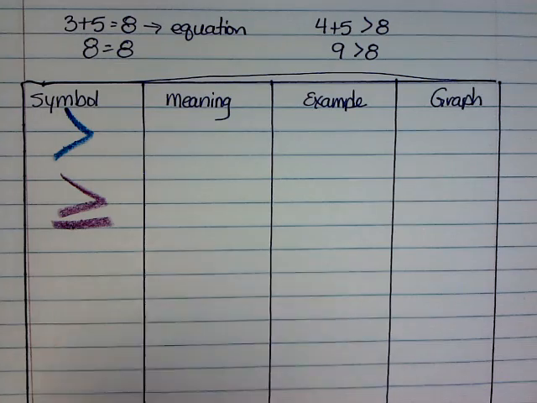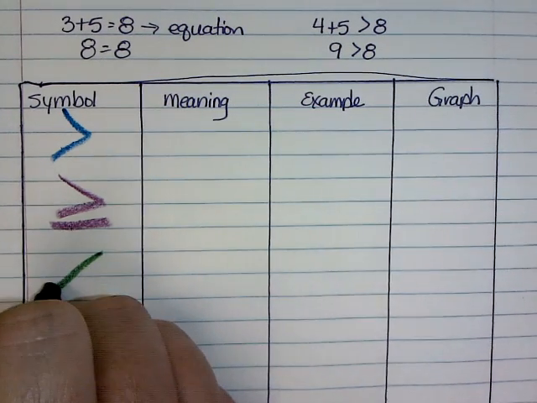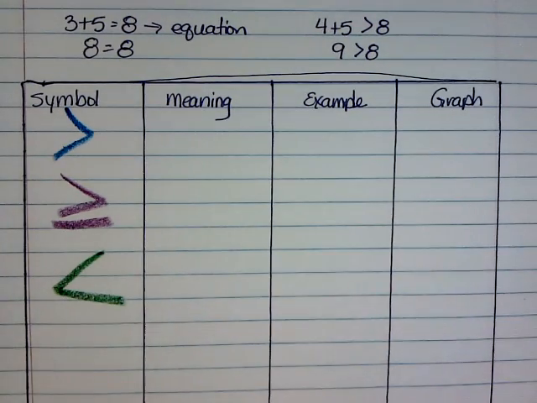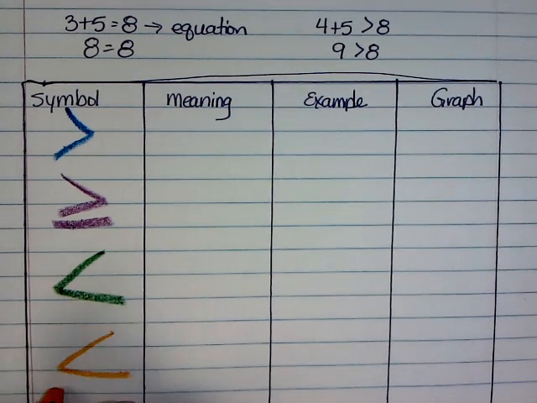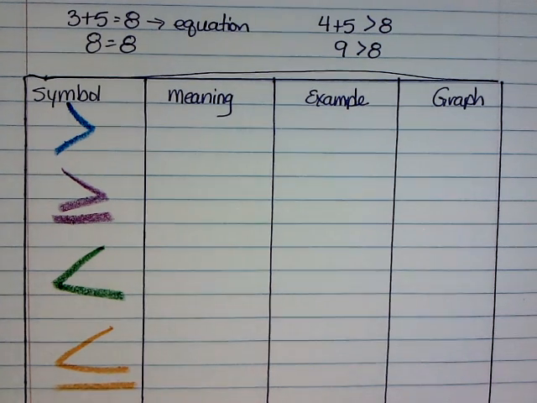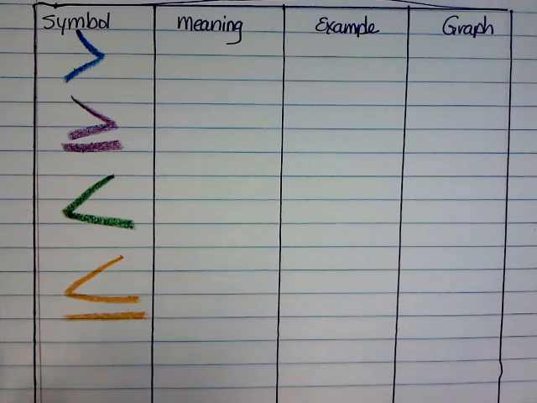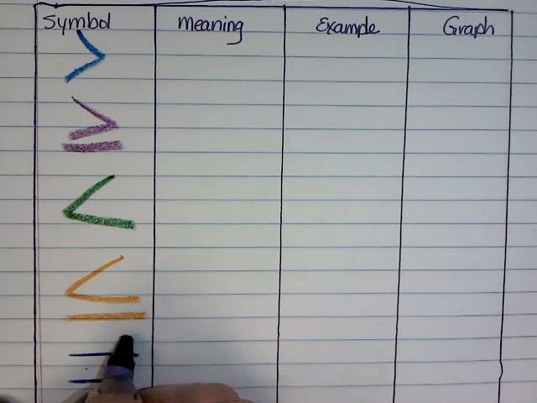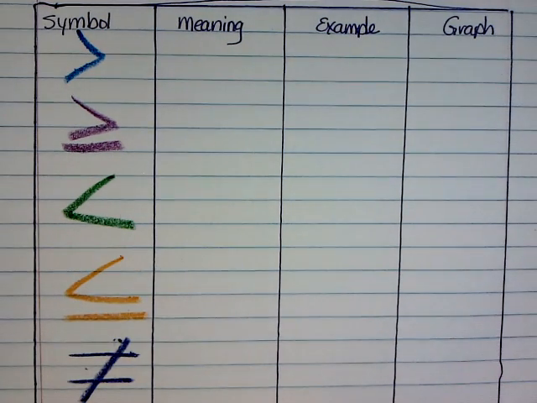Then I'm going to use a green so it looks like this, and an orange in this way. And then I'm going to end off with a purple. I'm going to squish that up a little bit. That looks like this. Okay? And I'm going to put meanings and examples and graphs to all of these.